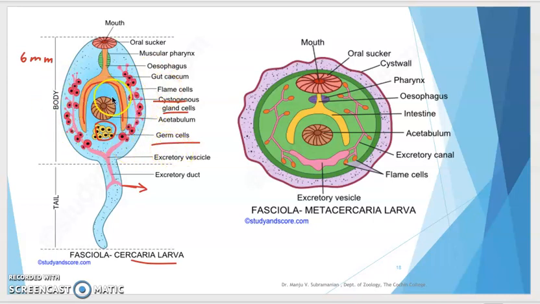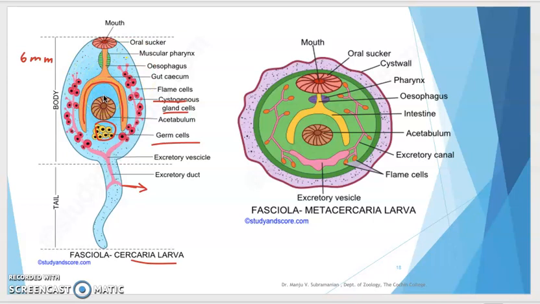So you can't see any smaller Cercariae present inside the Cercaria larvae. Unlike the redial larvae and the sporocyst, where you can see the miniature form of the redial larvae inside the sporocyst, and also inside the redia you can see the redial larvae, no such structures are seen inside the Cercaria larvae.